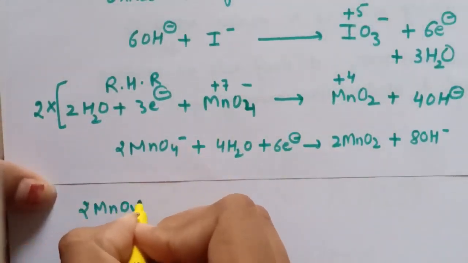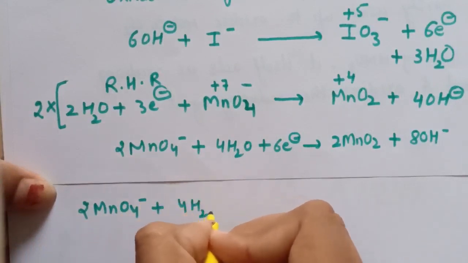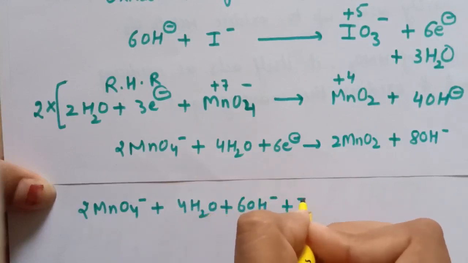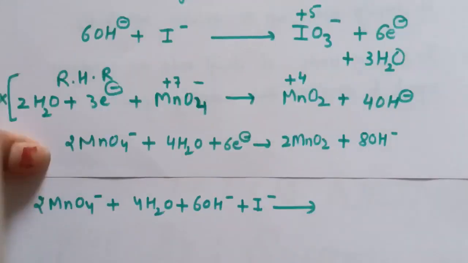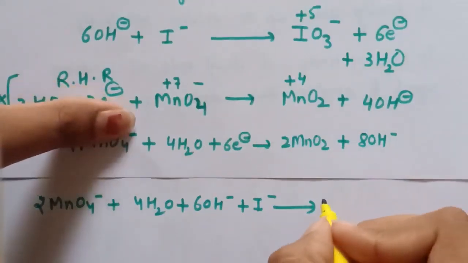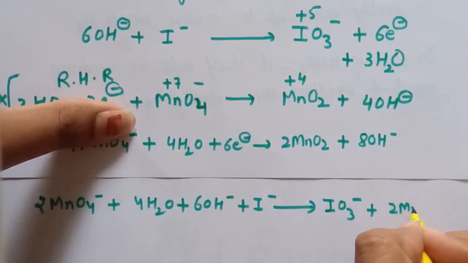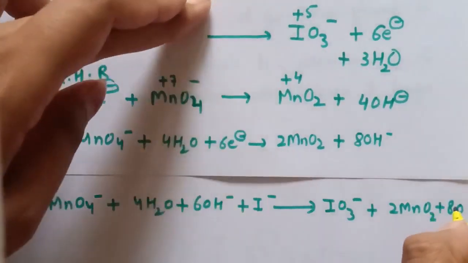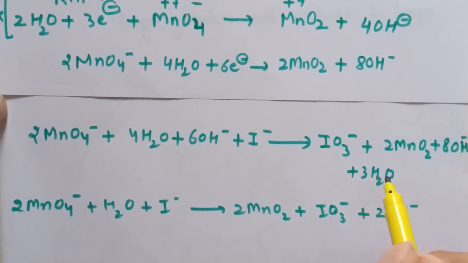2 MnO4 negative plus 4 H2O plus 6 OH negative plus I negative, and on the right hand side we have IO3 negative plus 2 MnO2 plus 8 OH negative plus 3 H2O.